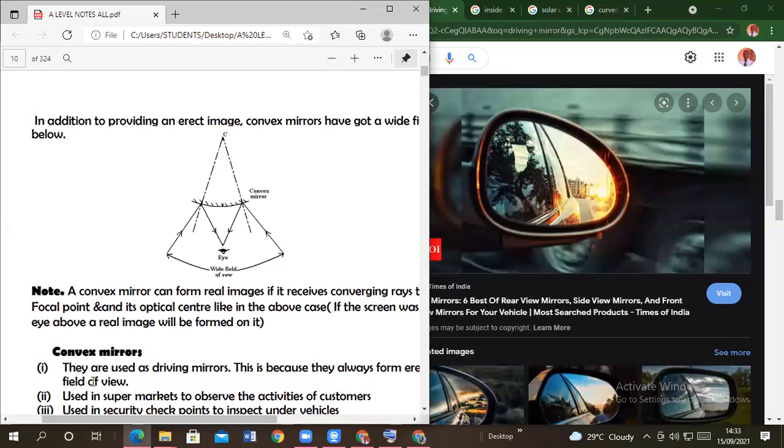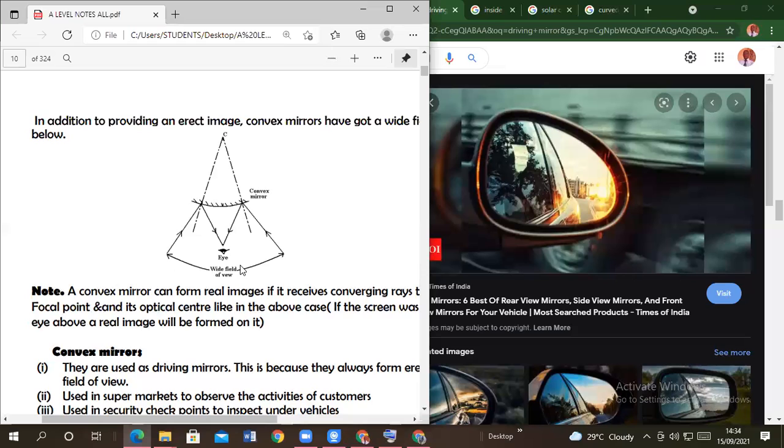Now here in our notes, we have a diagram drawn to explain how this kind of convex mirror gives a wide field of view. They are saying that in most cases, a convex mirror will always form a virtual image.